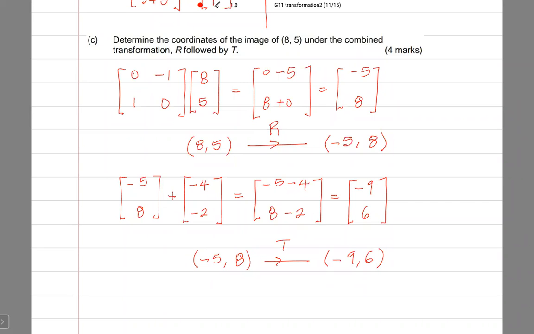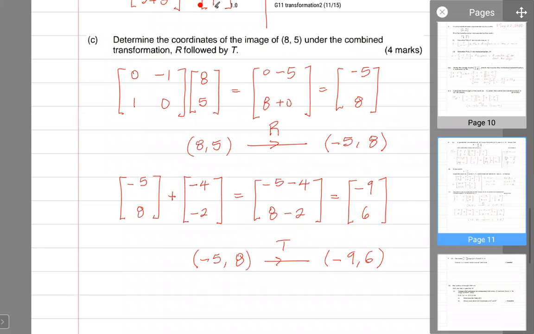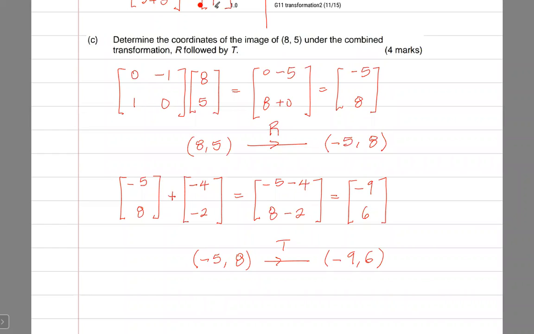All right. So what we were asked to do is determine the coordinates of the point 8, 5 under the combined transformation R followed by T. And when we did, the final answer is minus 9, 6.